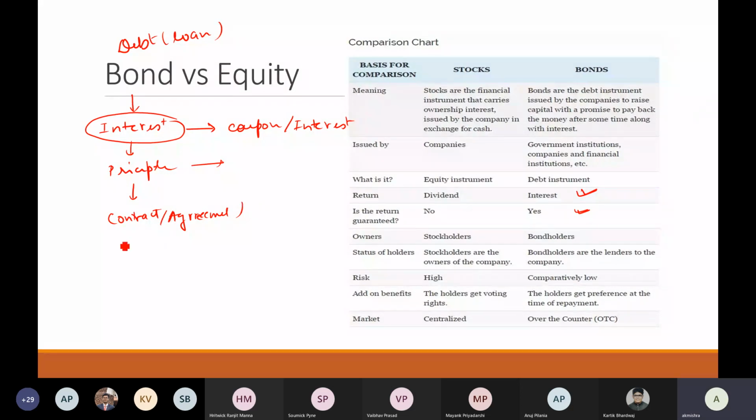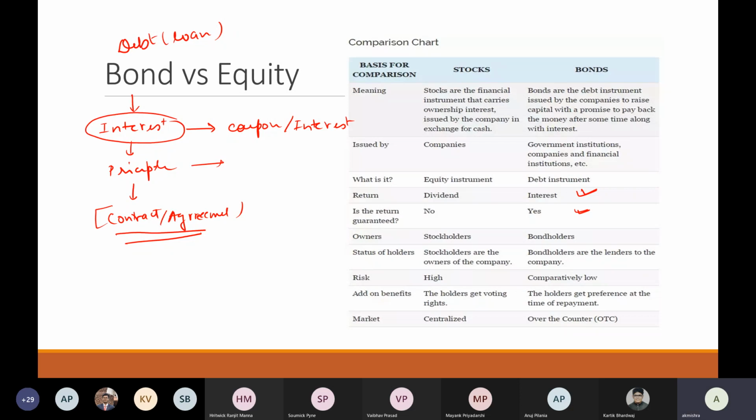And the company also many times attaches collateral or assets whenever these kinds of instruments are issued. And that's why these agreements are basically obligatory for the company.